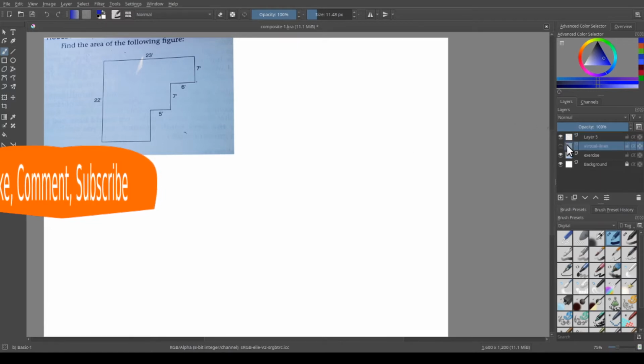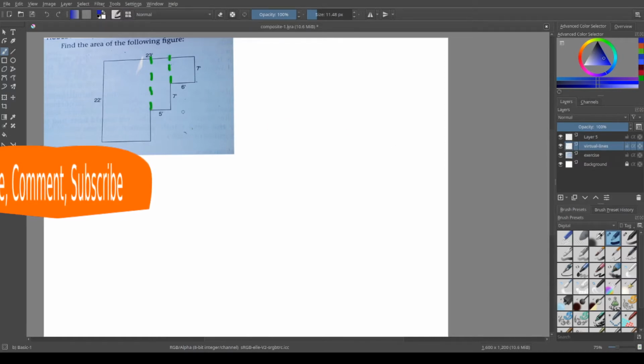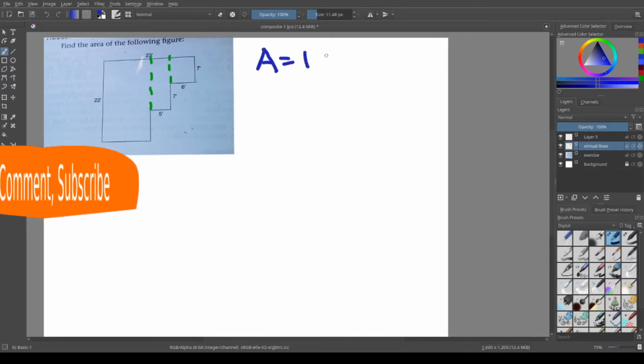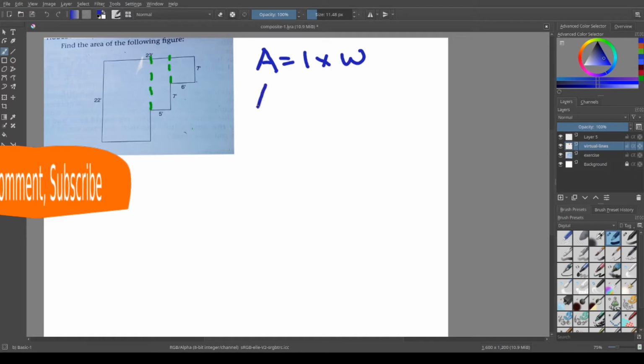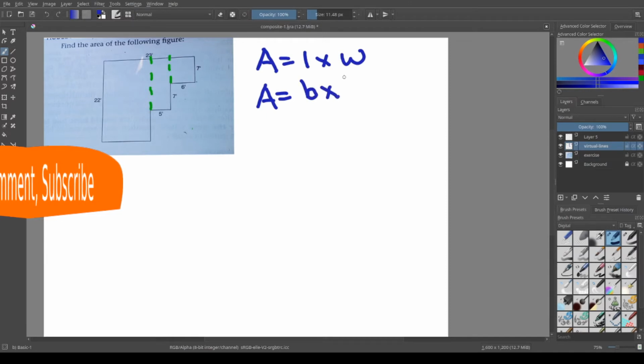For instance, here's another way of solving it. I could make it all vertical lines. With the vertical lines, based on this formula, A equals length times width, or for higher level students like in high school, they would say area is equal to base times height.